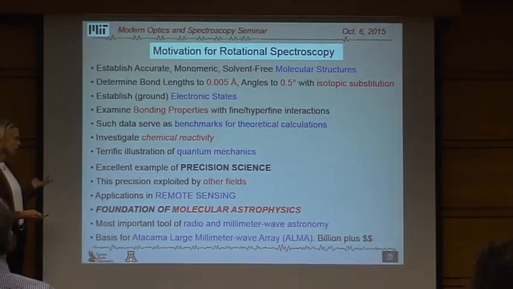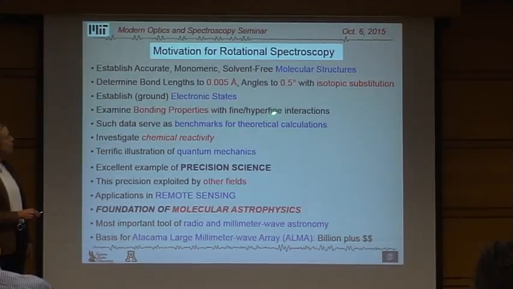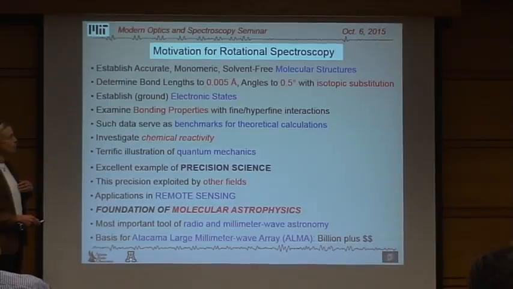For many of the metal molecules we've done in the past, they weren't sure what the ground electronic state was, and the rotational spectra will tell you. And through examination of fine and hyperfine interactions, which we easily measure with rotational spectroscopy, we can get some bonding properties, and all of these serve as benchmarks for theoretical calculations, particularly important for things with transition metals.